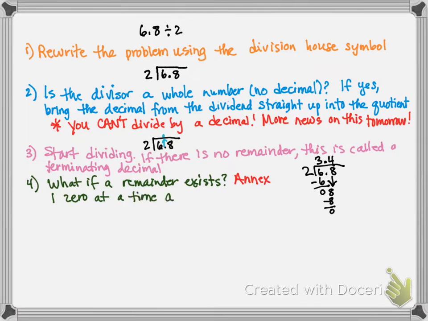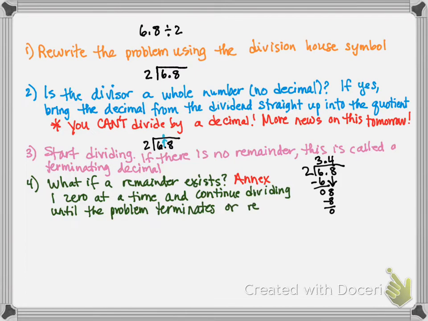And continue dividing. Until the problem terminates or repeats. No remainder, that's what terminate means, or repeats, and that means you just get the same digit over and over and over again. Okay? So let's go ahead and do a couple practice problems here at the bottom.